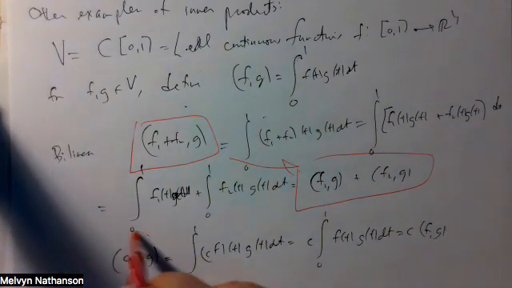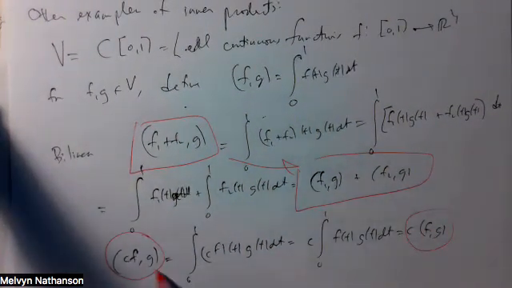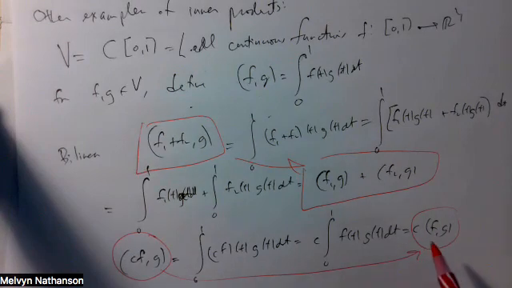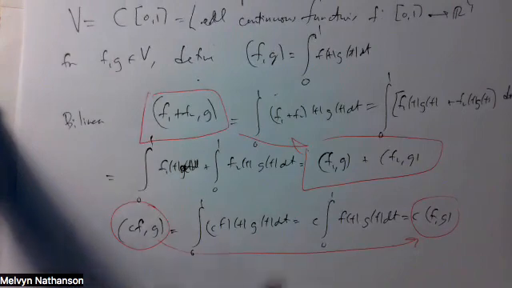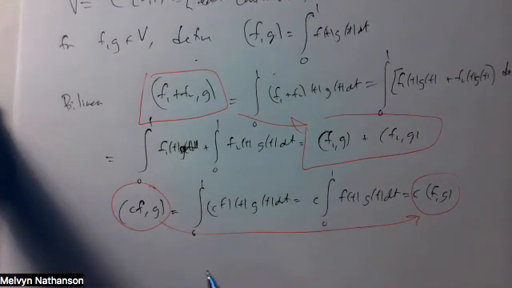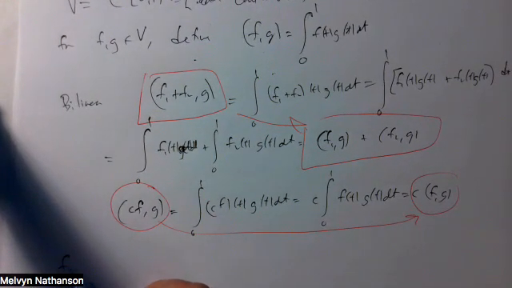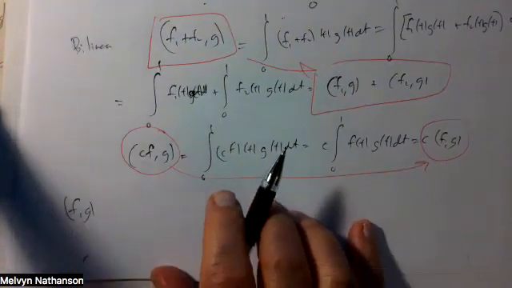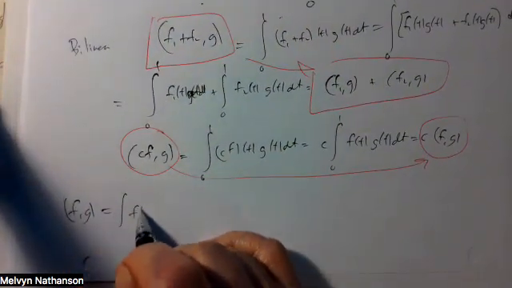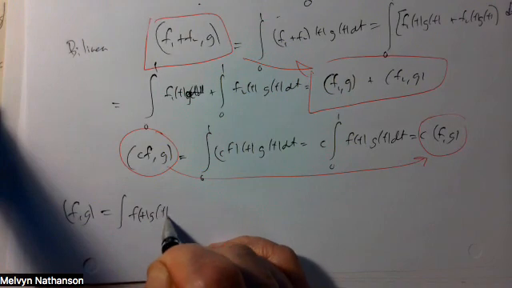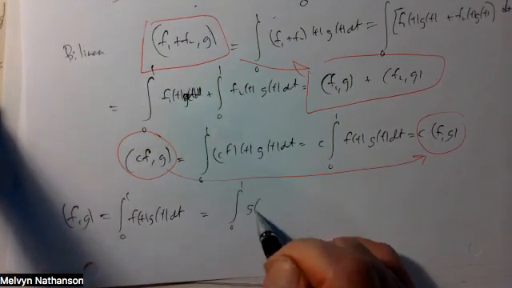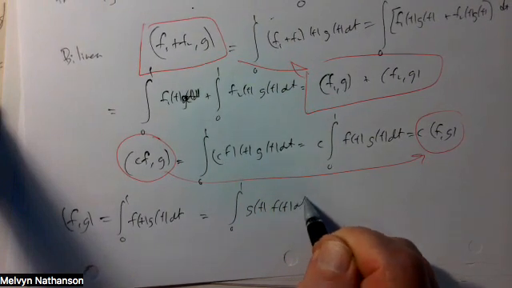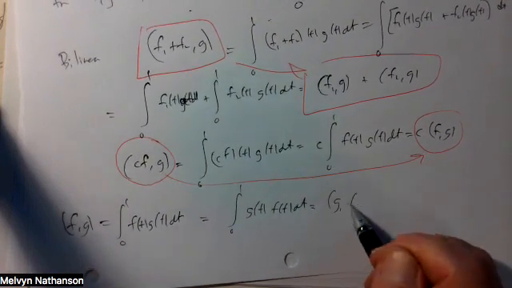So cf comma g is c times f comma g. So this is bilinear. And it's symmetric because the inner product of f and g, which is the integral of f of t, g of t dt, is the same as the integral of g of t, f of t dt, which is the inner product of g and f.